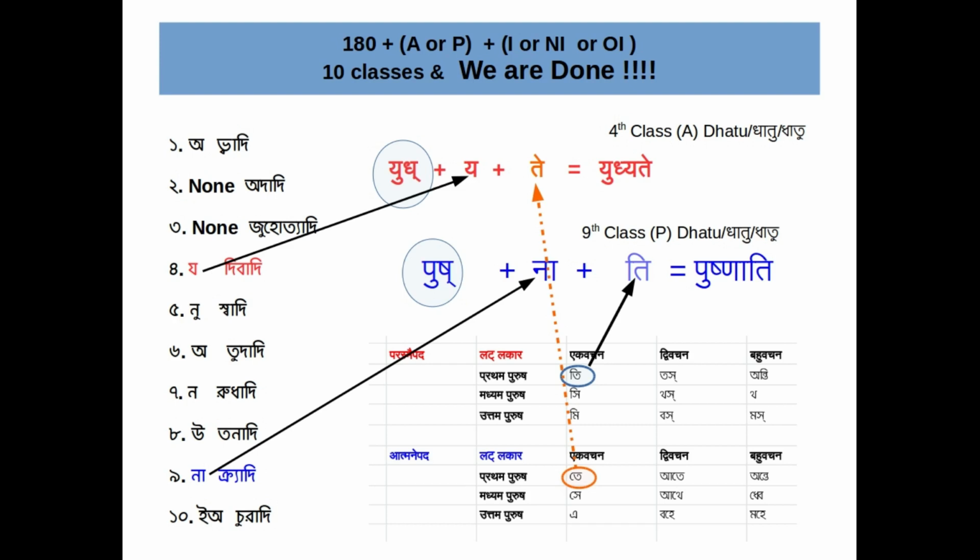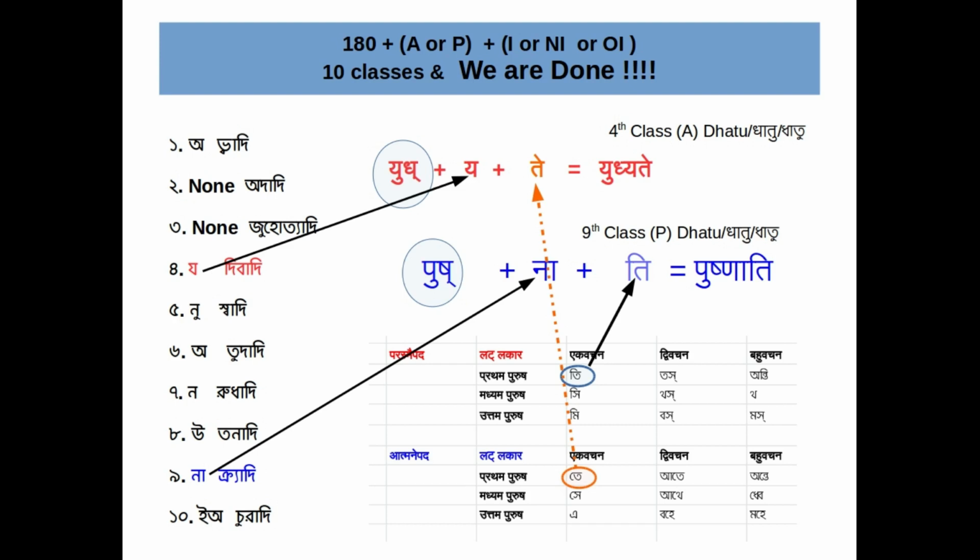atmanepadi, while used in lat, pratham purush, ekvachan, becomes yud plus ya because it is in 4th gana, which inserts a ya, and atmanepada pratham purush ekvachan lat, which is te, to form the word yudhyate.